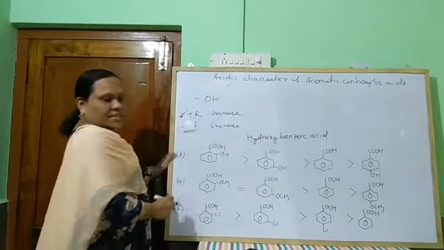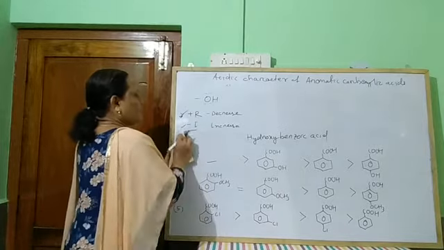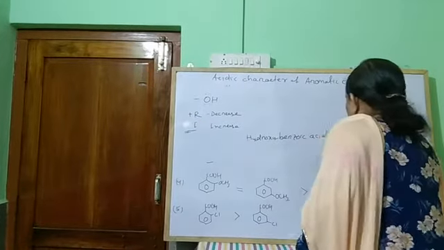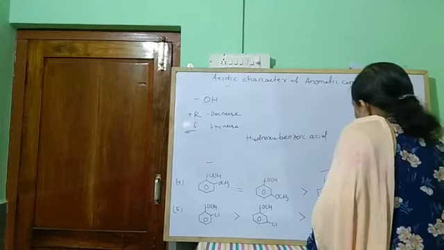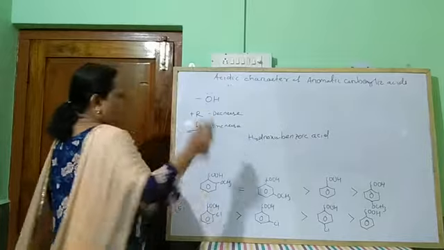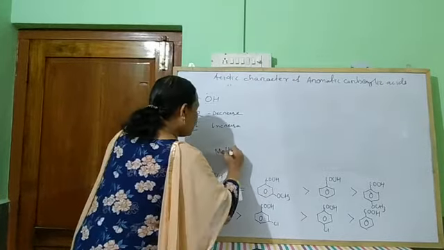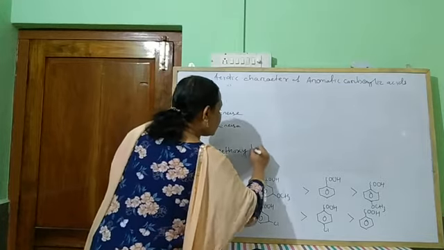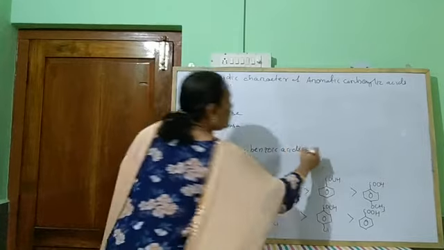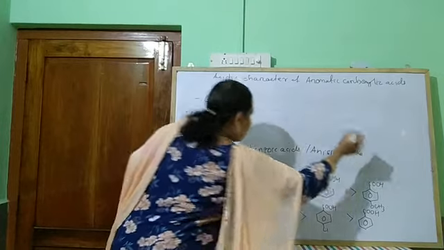Next come to the acidic strength of methoxybenzoic acids, or we can say anisic acids.